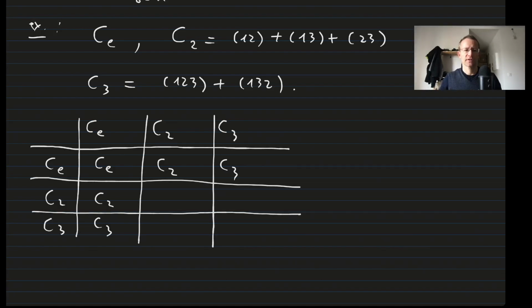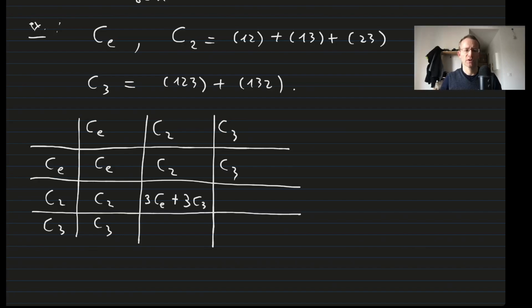The next entry is given by C2 times C2. So we can obviously get 3 times the identity element. And we have already 3 elements, but we should in total have 9. And since the only class that can appear is the conjugacy class of the 3 cycle, we must have 3 cycle conjugacy classes as well.